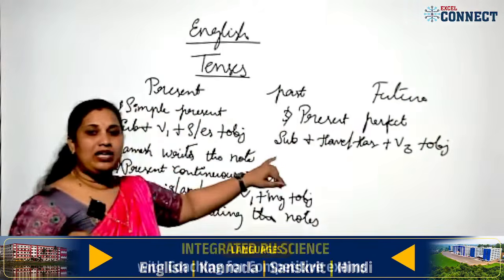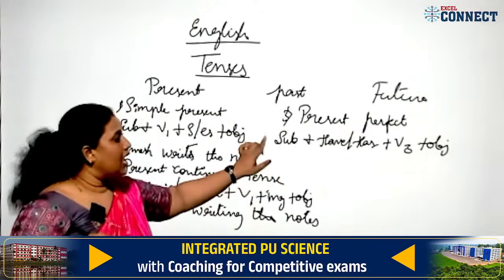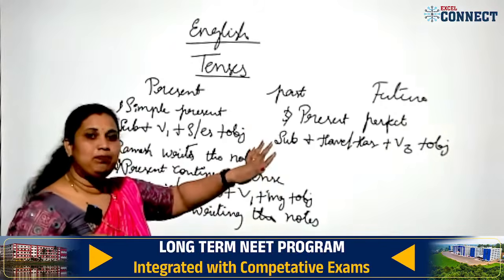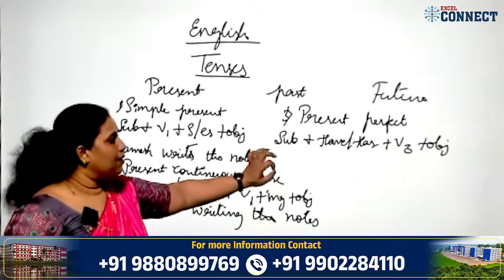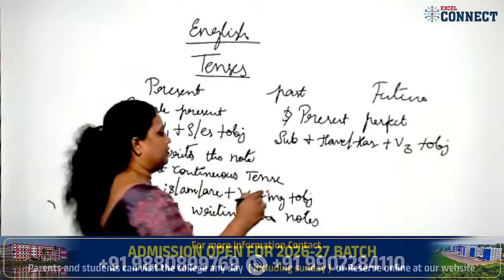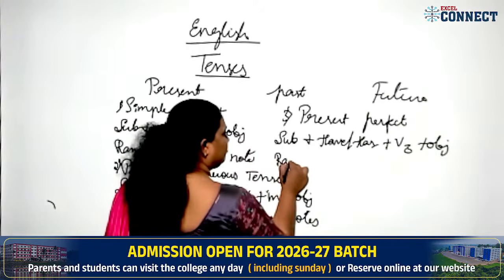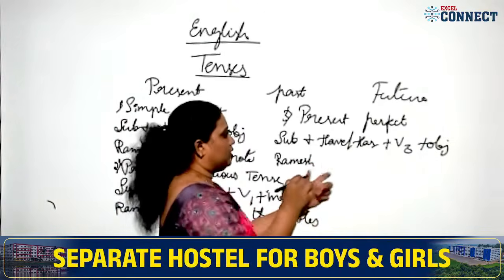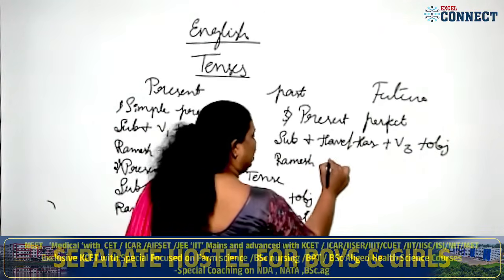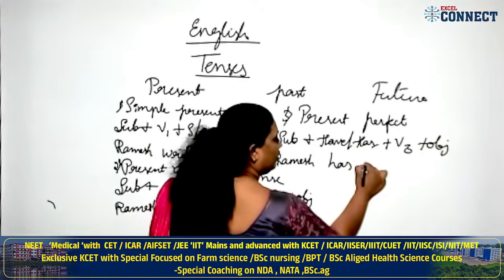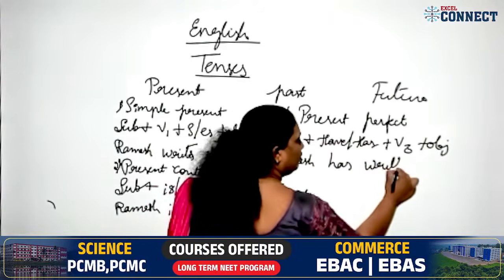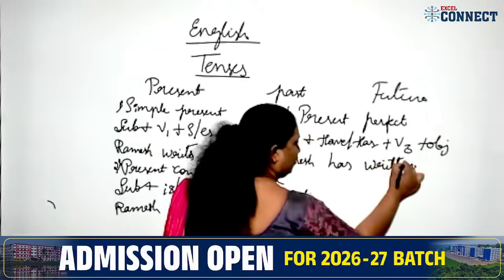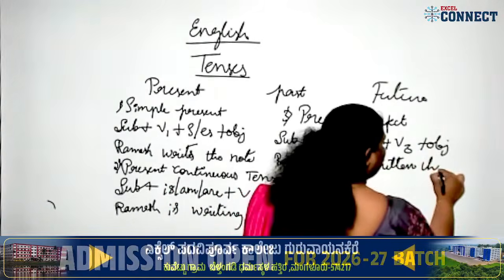The action already started in the present and the action is perfectly completed in the present itself. So the subject is Ramesh, have, it's a plural one, so we have to go with the singular: Ramesh has written the notes.